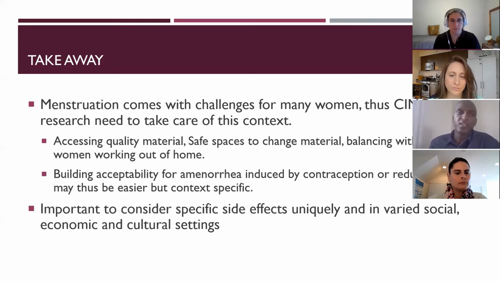Building acceptability, certainly for amenorrhea-inducing contraception or reduced flow, may be easier, but is also context-specific. We also note that it's important to consider specific side effects uniquely, as I said, because these vary depending on the economic and cultural settings.